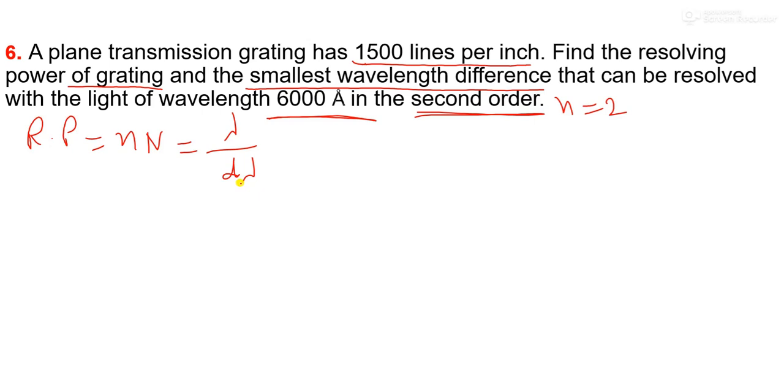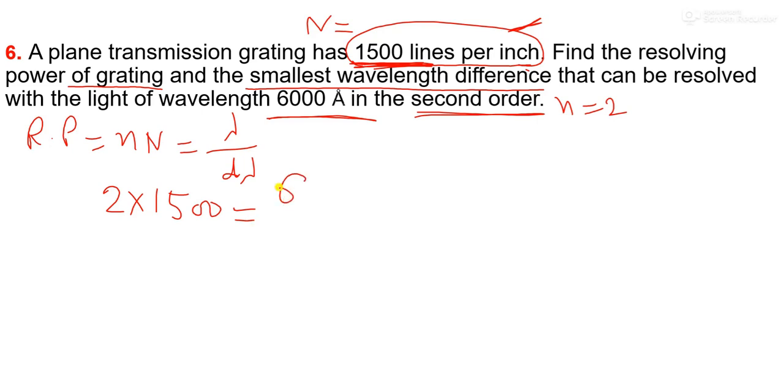Here 1500 lines per inch. The width of the diffraction grating is not given, so we assume that the width of the diffraction grating is 1 inch. So the total lines will be 1500, meaning capital N is 1500. So 2 into 1500 equals 6000 upon d lambda.